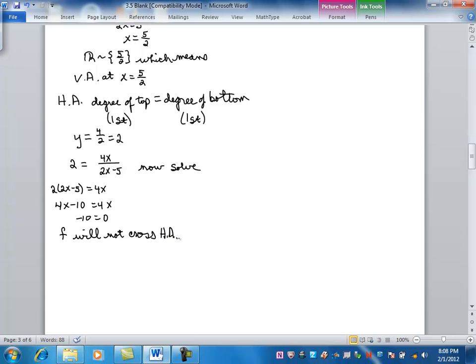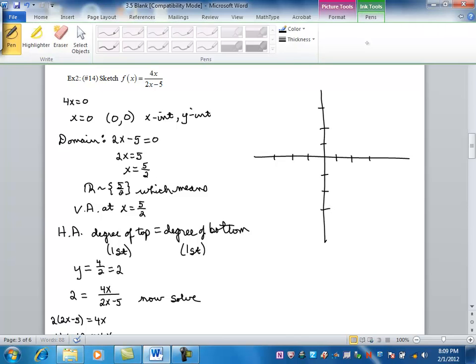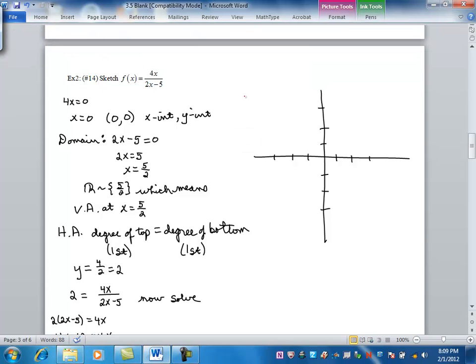So let's see what we've got here. Let's come over here and sketch this out. Alright, let's get a different color going here. Red seems to show up well. So we've got an x and a y intercept right here at the origin.